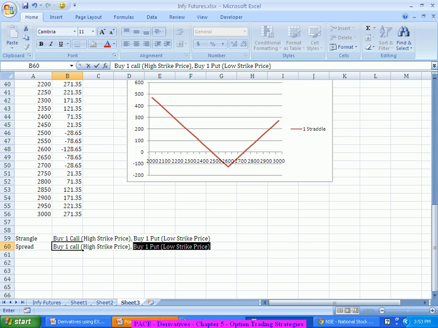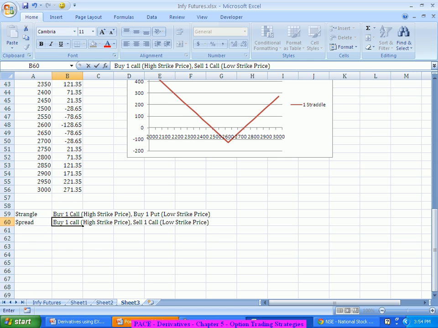All four combinations are possible. So here I can have four combinations. Buy one call, low strike price, sell one call, high strike price. Similarly, call replaced with put. All four combinations are possible in spread strategy. So there are four different spread strategies. We'll try to execute one of these.